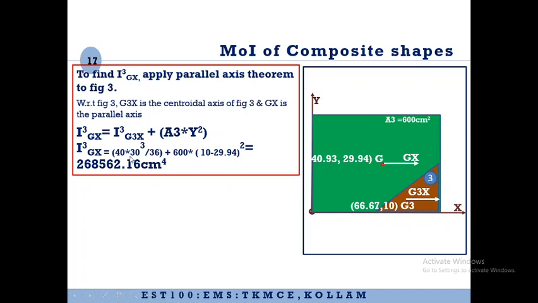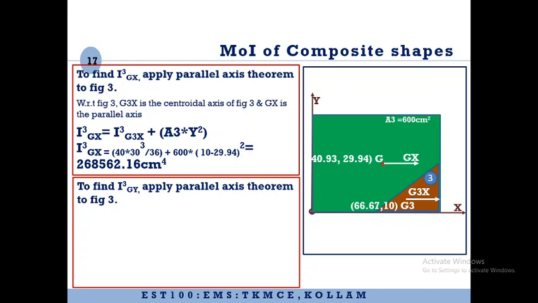Applying the formula, it is a triangle, therefore BD cube by 36 plus 600 into the difference of the y coordinates of G and G3. We will be getting the value as 268,562.16 centimeter raised to 4. In a similar fashion, you can find out the moment of inertia of the third figure about the GY axis.